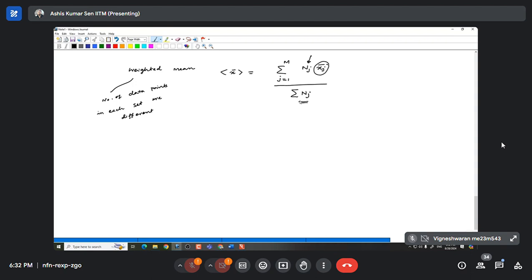Okay, and similarly, the pooled standard deviation Sx you can find as mu1 Sx1 square, because the degrees of freedom are going to be different, right? Because n is different between the different data sets.